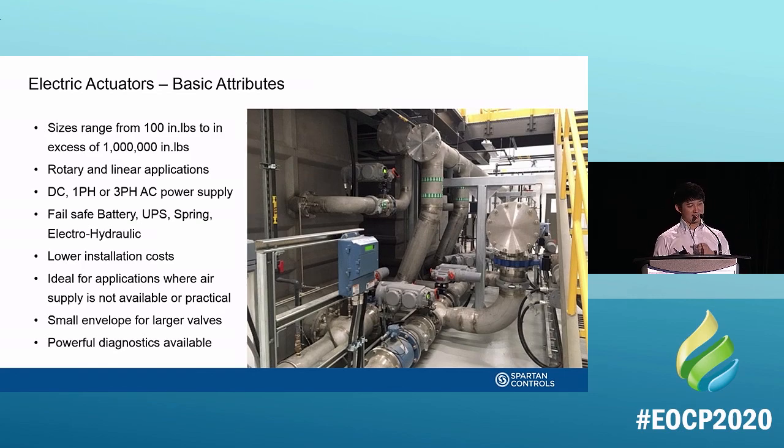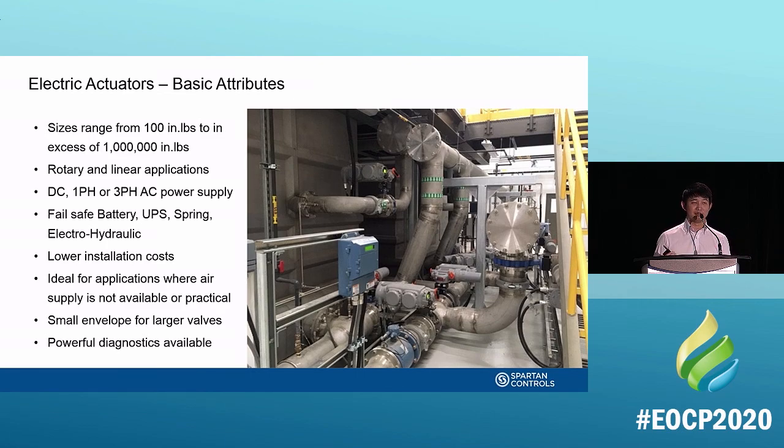The last two things are probably big reasons that you wouldn't think of. Electric actuators are generally quite a bit smaller. We saw on one of the first few slides that huge butterfly valve, and the actuator was actually quite small in comparison.